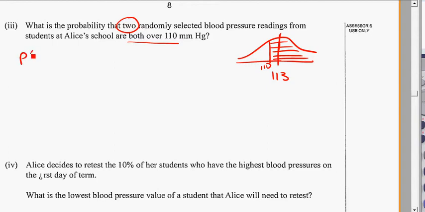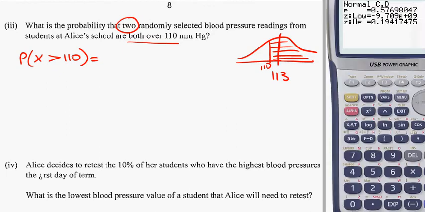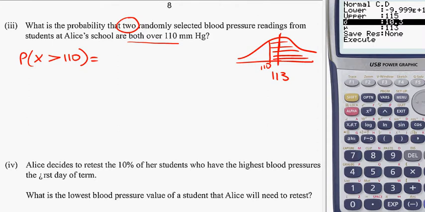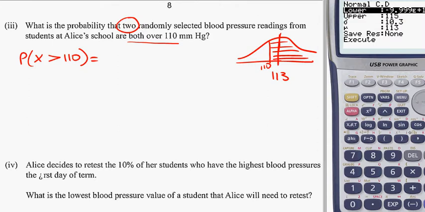So let's find the probability of having a reading greater than 110. We need a very big upper bound, 0.61457.